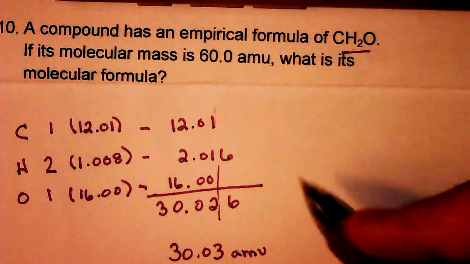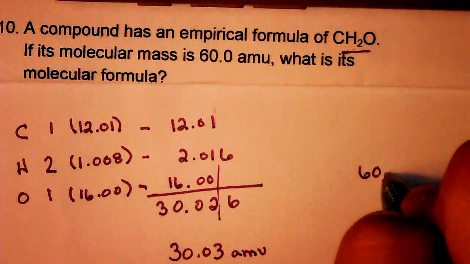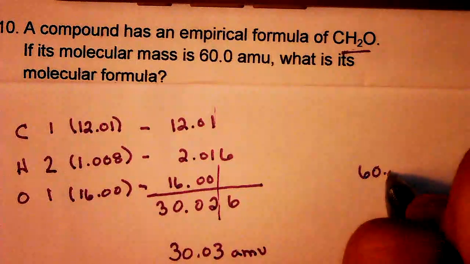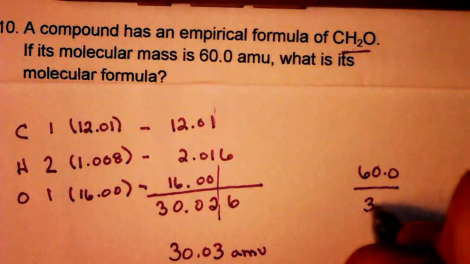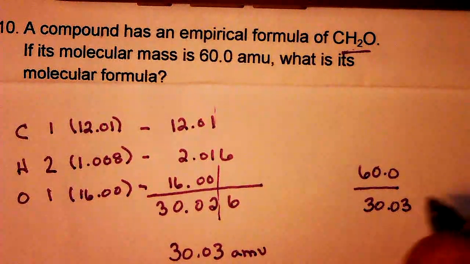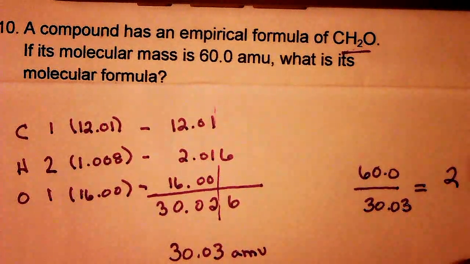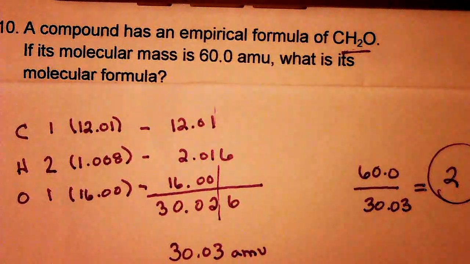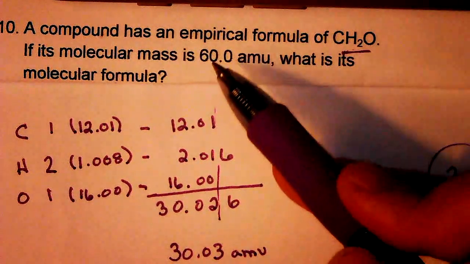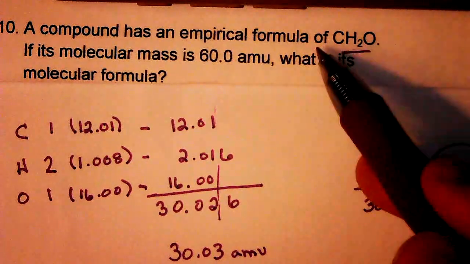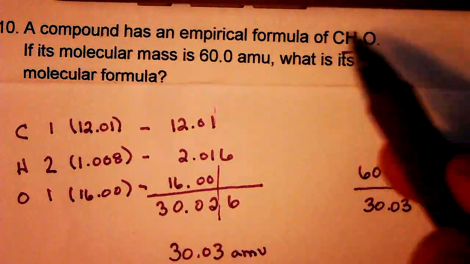If I divide 60 by 30.03, I'm pretty sure all of you can do this in your heads, I am going to get 2. And that means that this molecular weight is twice as heavy as this particular empirical formula.